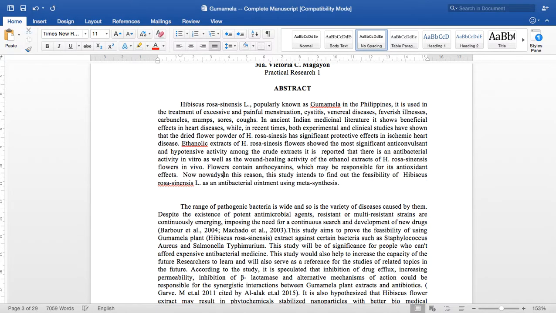Nowadays, herbal medicine has been promoted.